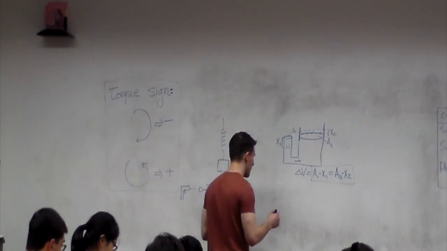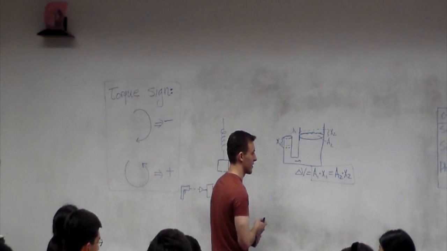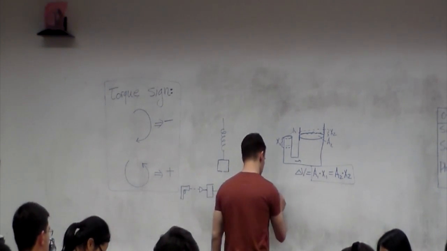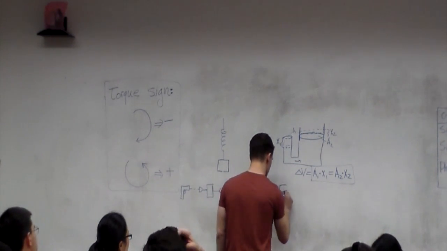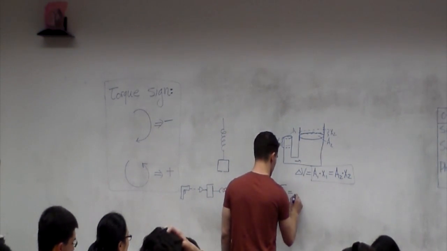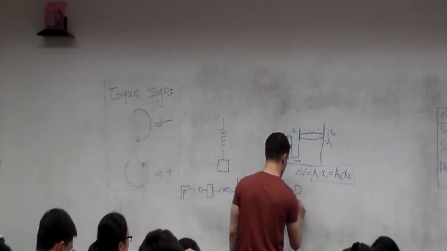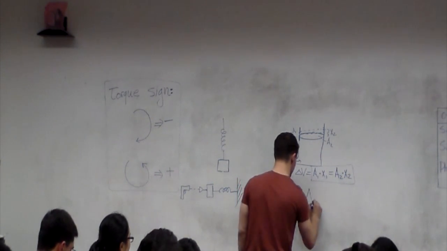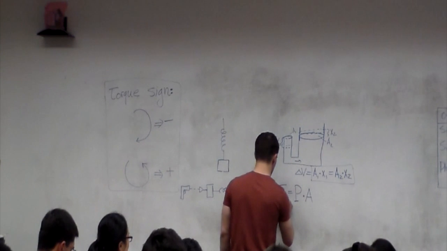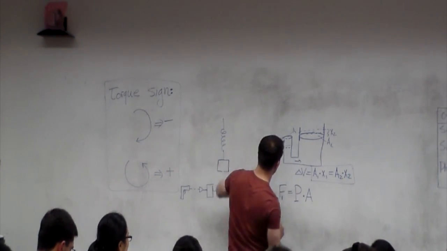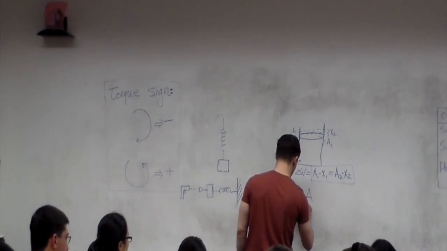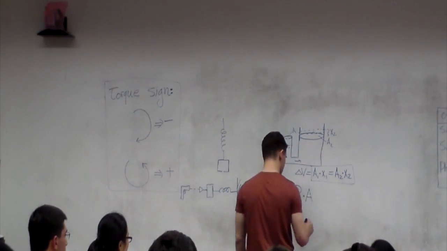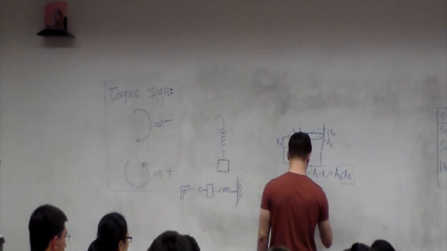If I have a force that I'm applying to the thing, the force is equal to pressure P times the area. So the force that I apply to this side is equal to the pressure that I apply to that side times the area.